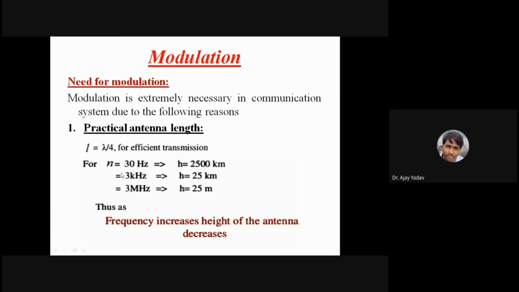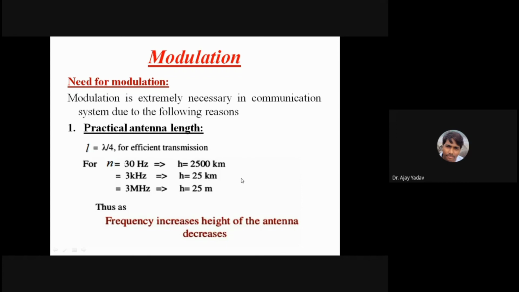Even if you talk at say 3 kilohertz, the length of antenna is 25 kilometer, which is from CST to Ghatkopar. Those who are staying in Mumbai will know the CST to Ghatkopar distance is around 25 kilometers. That is also impracticable, to design an antenna of such a great height.